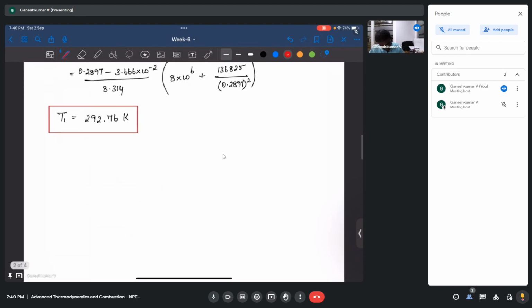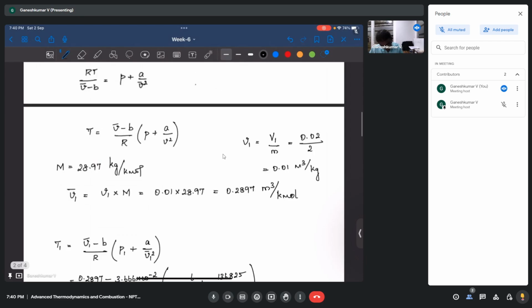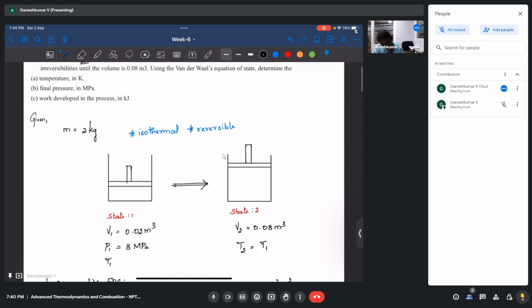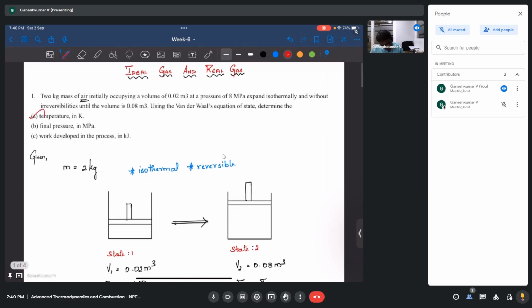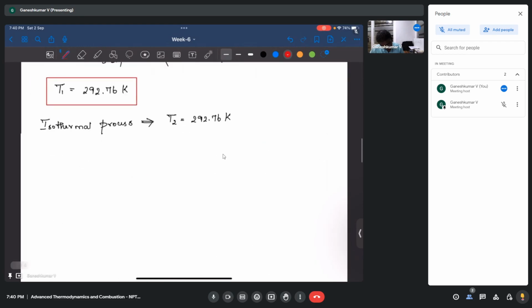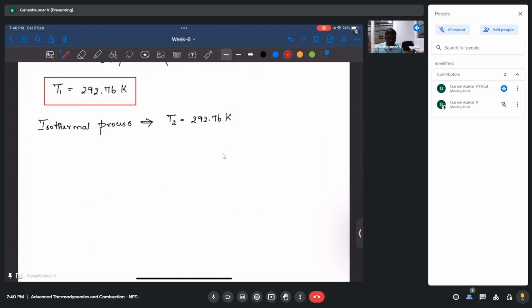Since it's going to be an isothermal process, T2 is going to be the same as T1, 292.76 Kelvin. So basically what is our next? We should also find the final pressure. Since it's an expansion process, pressure we should expect to be lesser, right? Let's try.